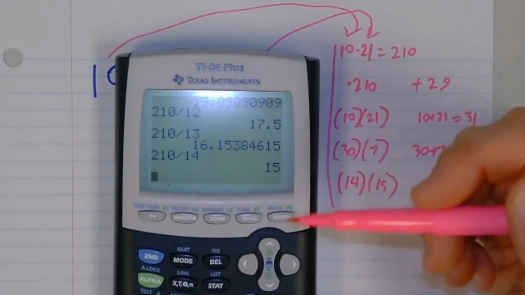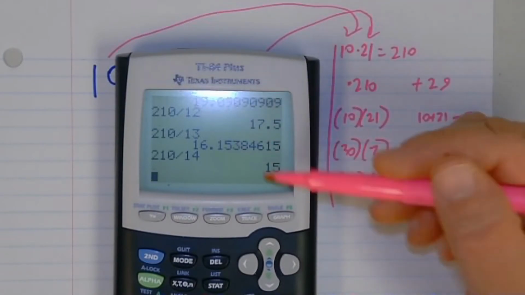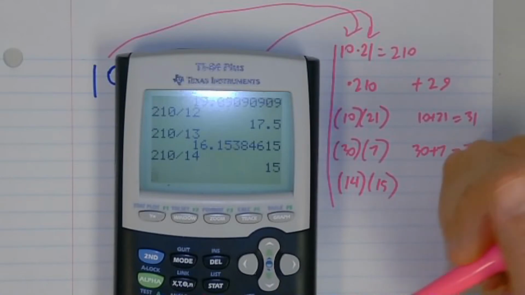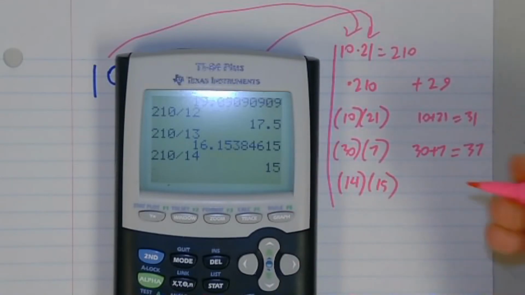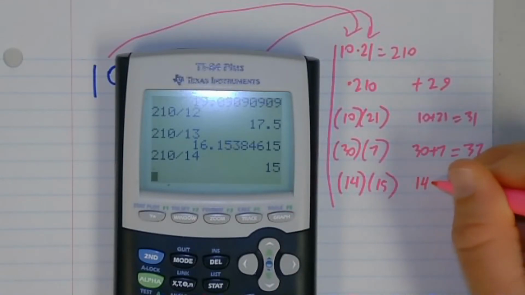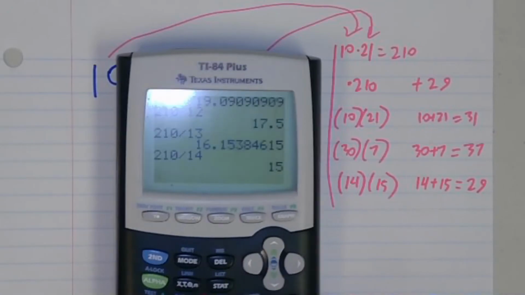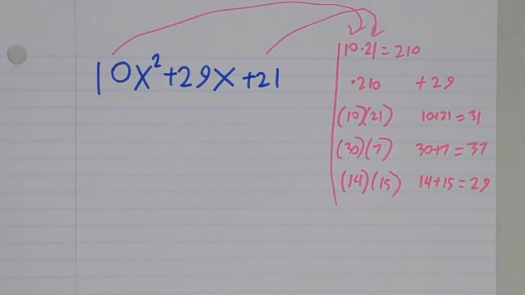And so I used a calculator and did some guessing and checking. And there are other strategies you can use if you don't have a calculator. And if you want to see those strategies, come to office hours and I will show them to you. 14 plus 15 is 29. So I have found the set of factors that will work for this problem.